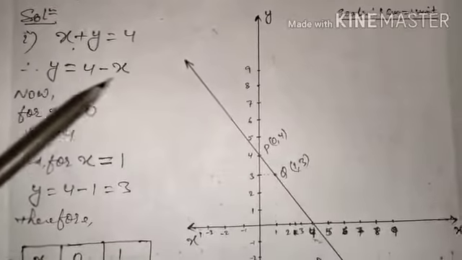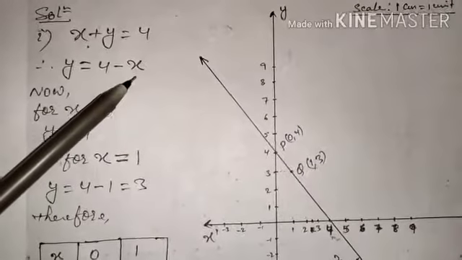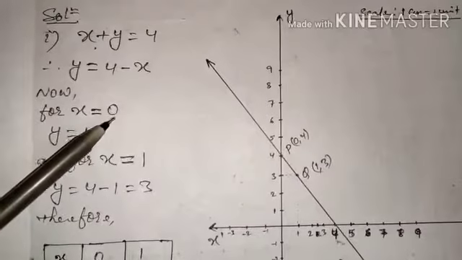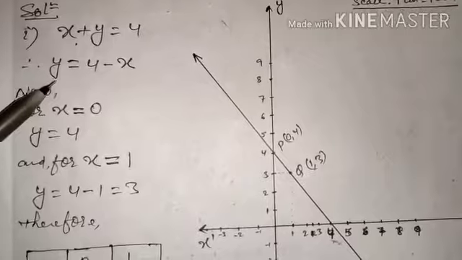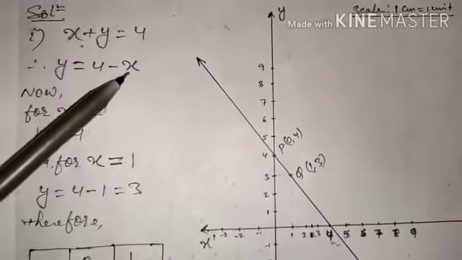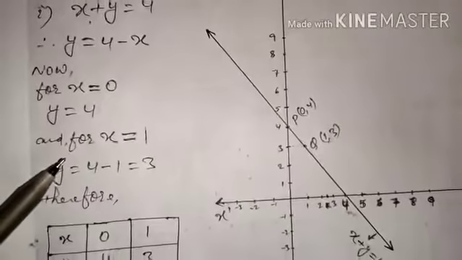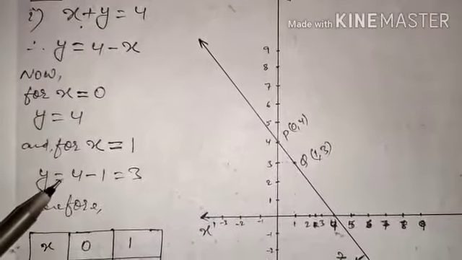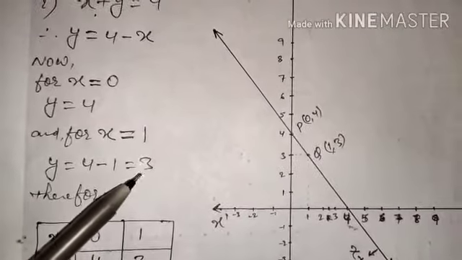After this, keeping this in mind, now we will take different values of x by ourselves, and for each particular value of x there must be some value of y, which we have to find out. So when we substitute x as 0, y is equal to 4, and when we substitute x is equal to 1, we get y is equal to 4 minus 1 is equal to 3.